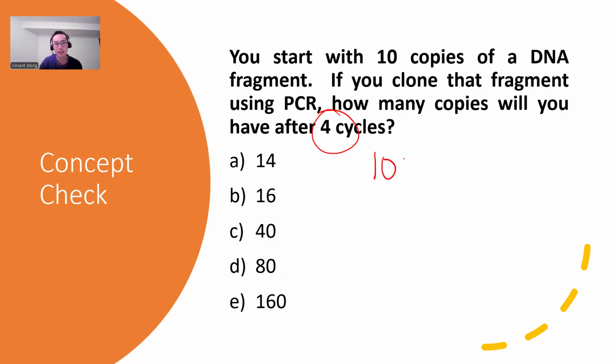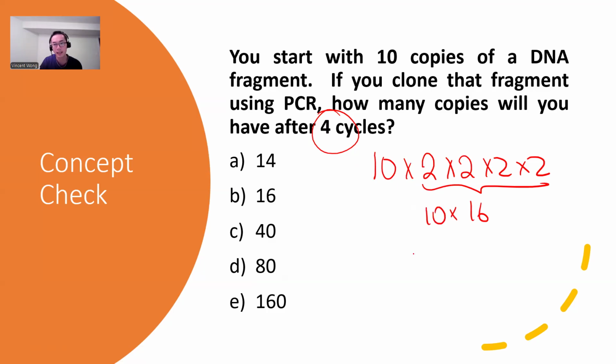So start with 10. It will double every cycle. So times 2, that's the first cycle, second cycle, third cycle, fourth cycle. 2, 2, 2, 2 gives you 16. And then times 10, that's going to be 160.